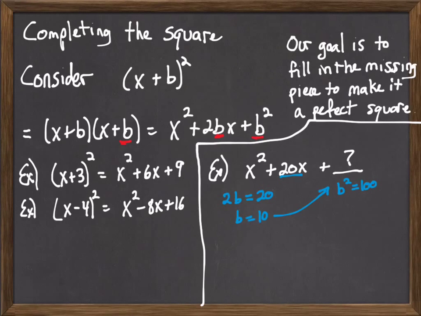So in other words, we add b squared, which is equal to 100. So we could write that down as x squared plus 20x plus 100. And then because that is a perfect square, it could also be factored as x plus 10. x plus b, because b is equal to 10. Okay, so we're going to move on now and look at a couple more examples of using this process.